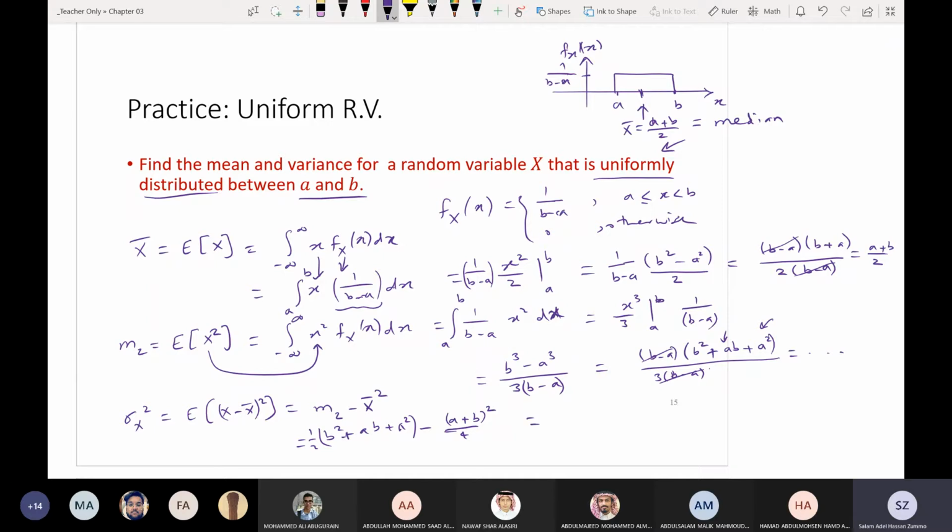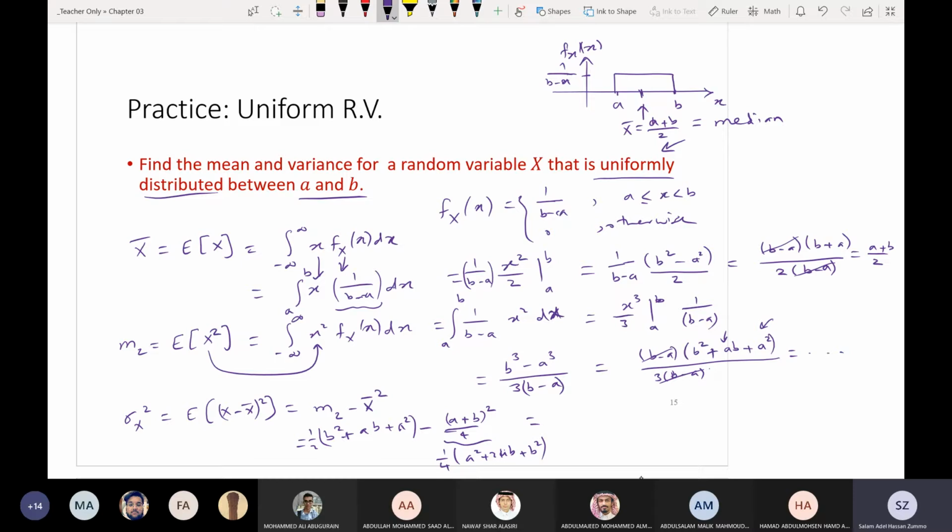So now you can simplify. I don't want to waste my time in the simplification, but anyways, here we have what? We have 1 over 4 times a squared plus 2ab plus b squared, right? So we have here 1/4 a squared, here we have 1/2 a squared. So you can simplify them together.